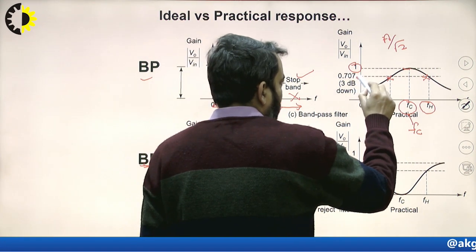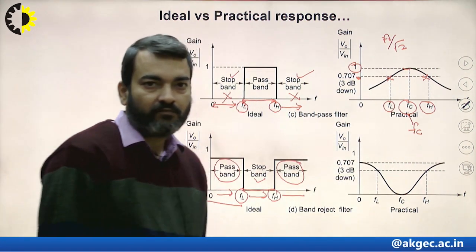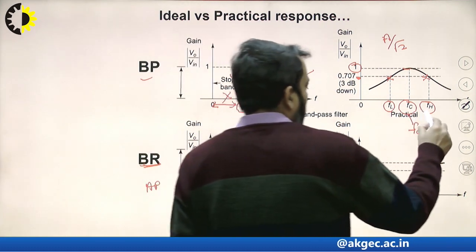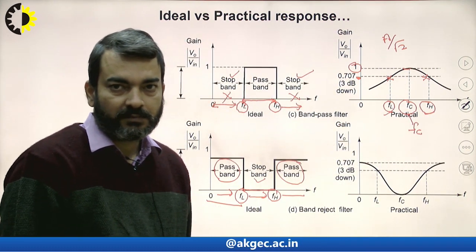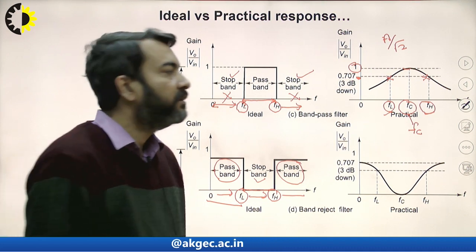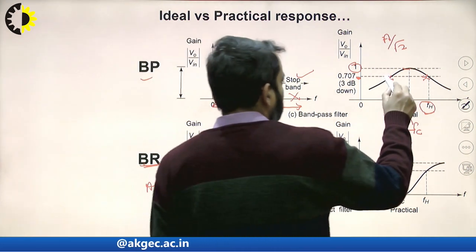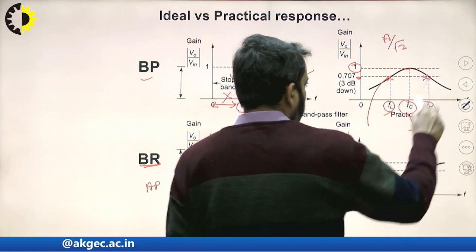So at this particular point, we will define upper and lower cutoff frequency, FL and FH. These are also called 3 dB points.